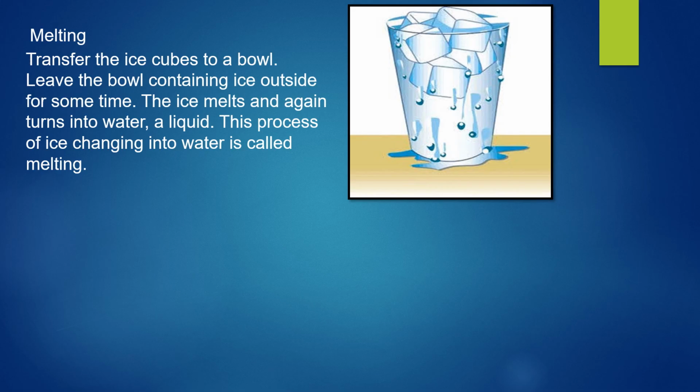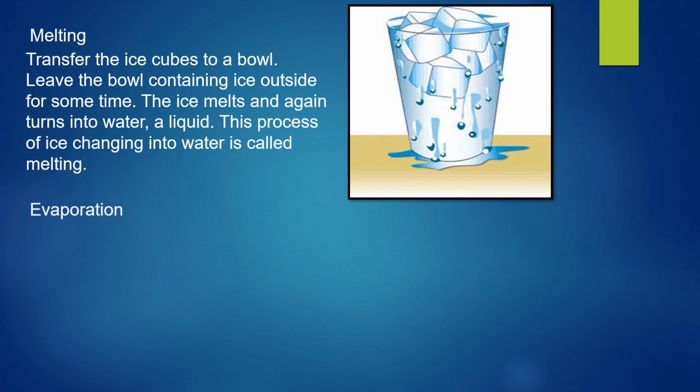So when water is very cold, at minus 1 degree, minus 2 degrees, it becomes solid. When you keep it outside, not in a refrigerator, it starts melting, so it becomes liquid. That means it becomes water.